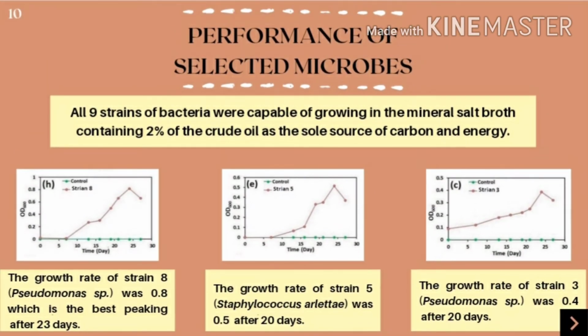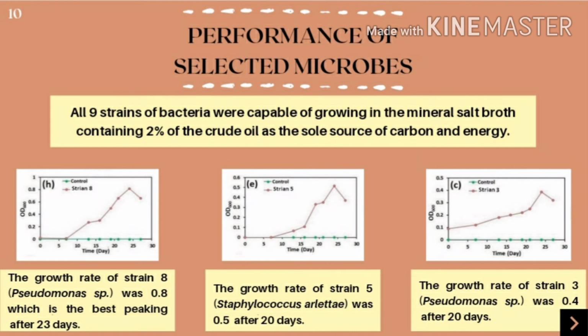Performance of selected microbes. All 9 strains of bacteria were capable of growing in the mineral salt broth containing 2% of crude oil as the sole source of carbon and energy. There were 3 bacteria selected. The first one is strain 8, which is Pseudomonas sp., with a growth rate of 0.8, which is the best, peaking after 23 days.